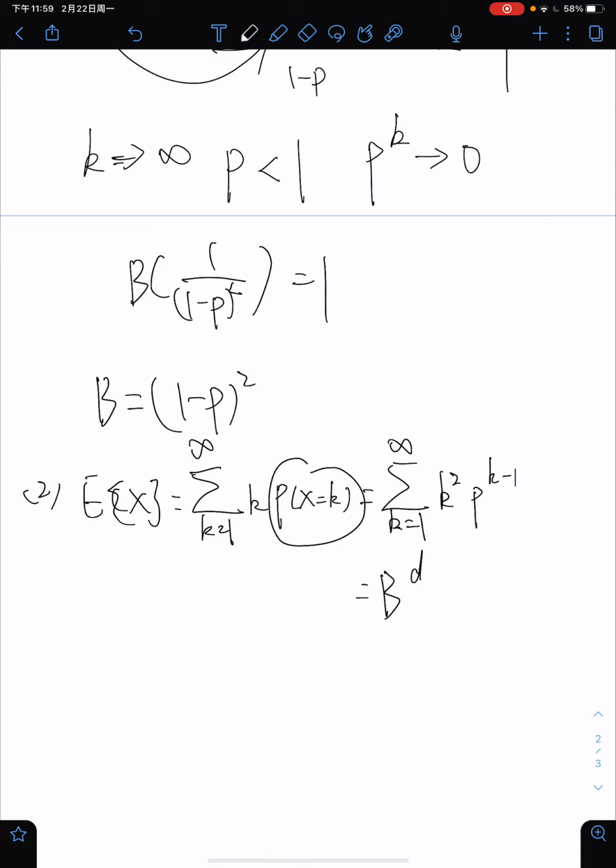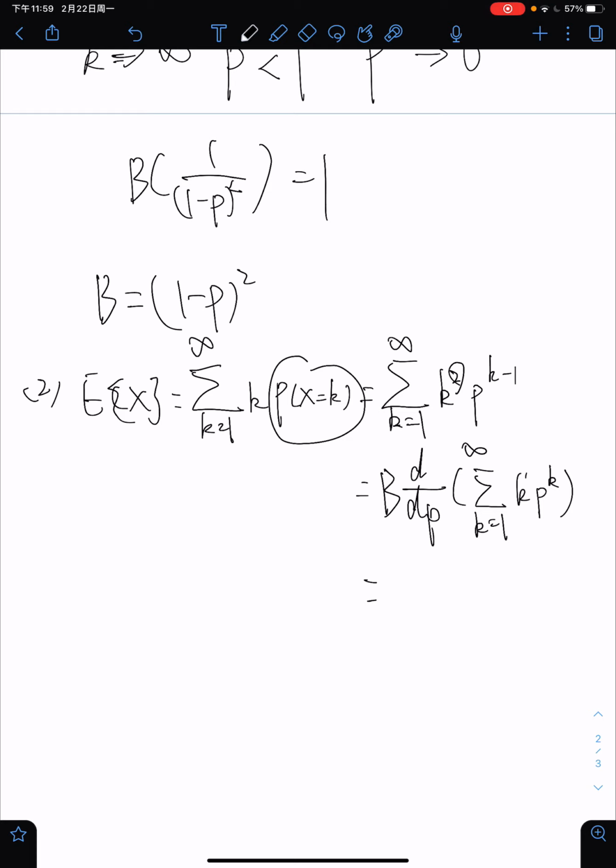you can see here we get rid of a k, and use the same way.